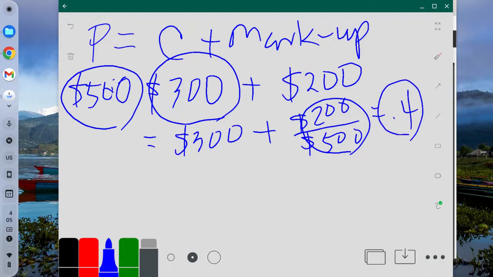So in this case, if we use price as the base of the markup, because this is P and this is P, right?